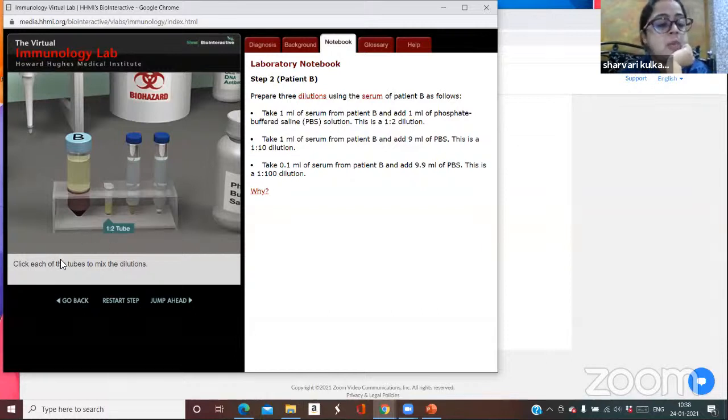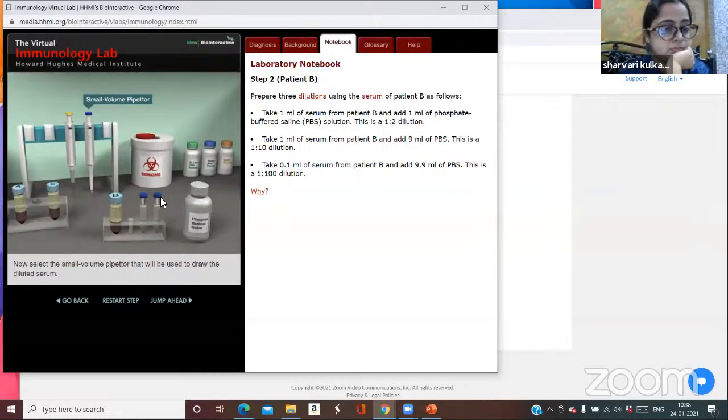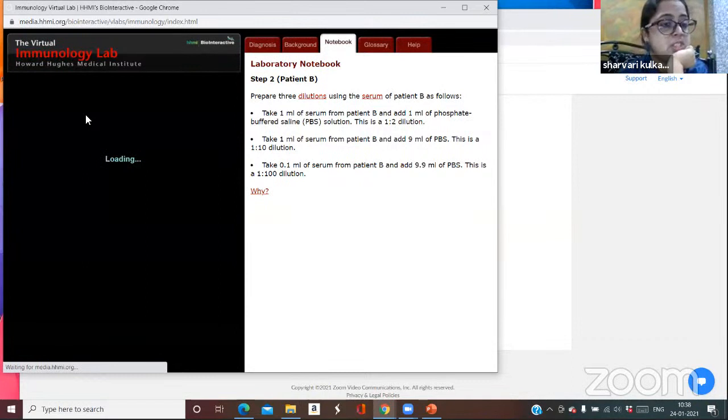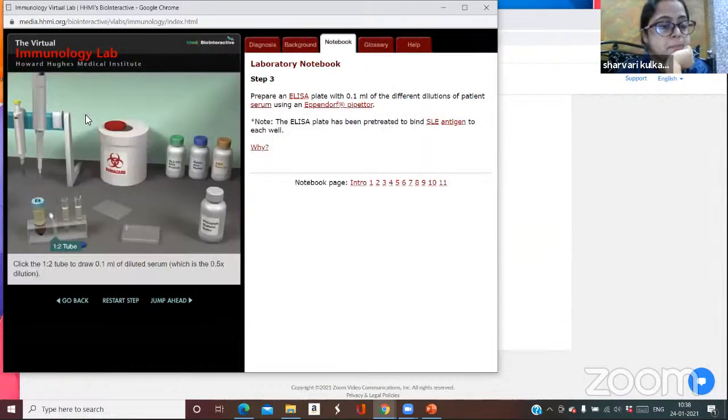Done. Now we will click on each tube to mix the dilutions. Now we'll select small volume pipetter to draw the diluted serum. Click on the first tube.